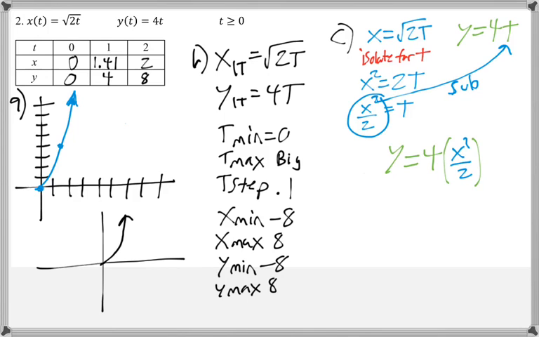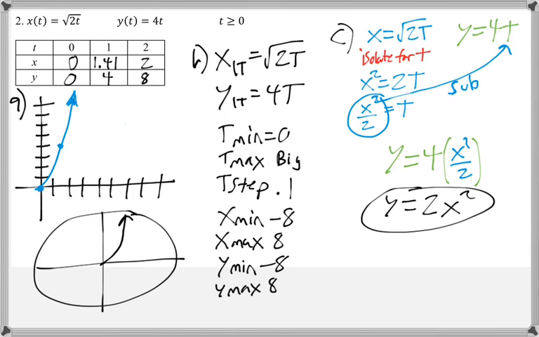And then I have y is equal to 2 times x squared. So if you were to graph 2x squared, the graph would look similar to this graph here, although it would look a little bit different because there's no restrictions on it. But the shape is the same, at least on that interval.